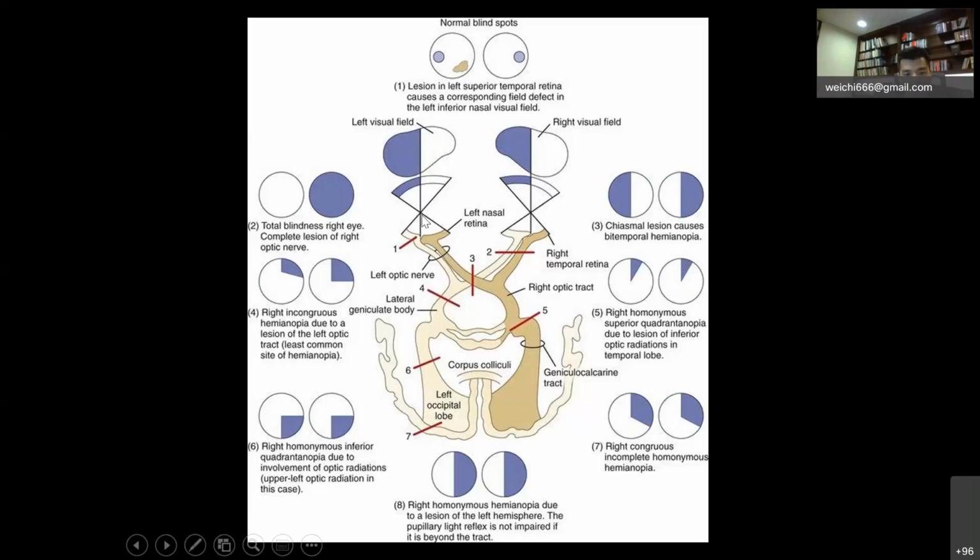But the signal from the left eye could be sent to the visual cortex for further processing. So you could see that the patient presented with a visual field defect like this.